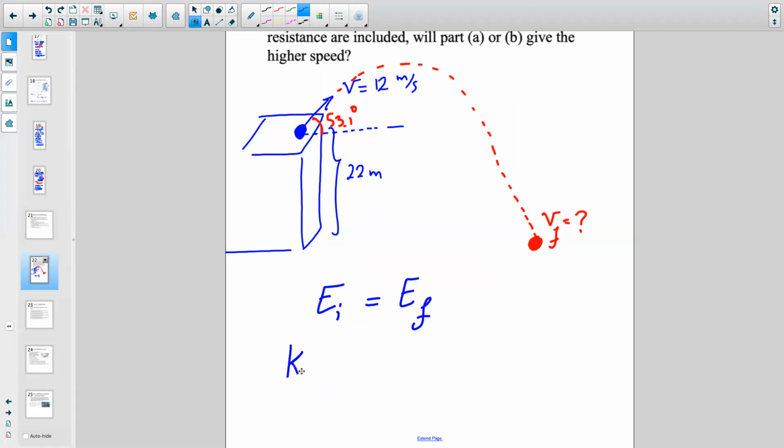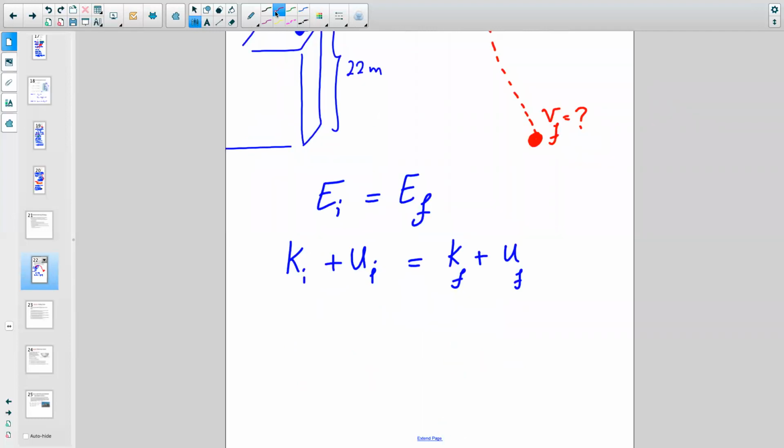Okay, so mechanical energy is conserved. Kinetic energy plus potential energy at the initial point should be equal to kinetic energy plus potential energy at the final point. In the final point, the ball is at the ground. There is no h, so the potential energy is 0.